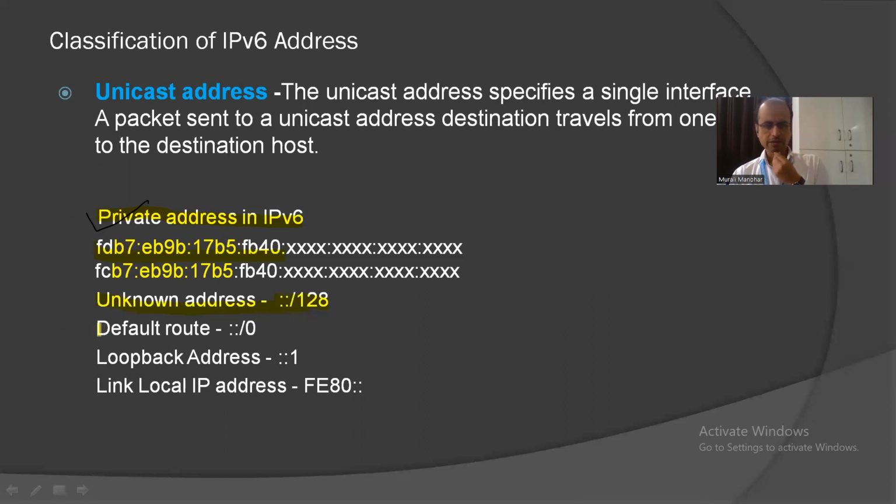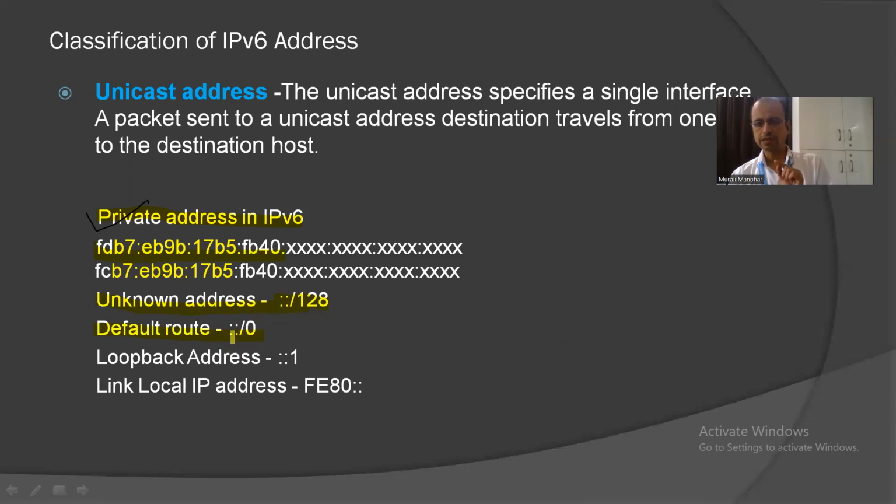Now, in unicast address, one IP address is used for default route. In default route, all data packets can be sent through a single route to different destinations. In IPv6, this address has all zeros, but in the IP prefix length, we should write zero, like colon colon slash zero.